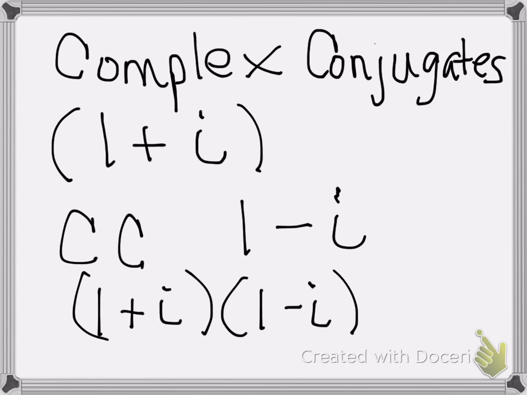Don't we square the first, square the second, put a minus in between? So that's 1 minus i squared. You know to replace your i squared with a negative 1. So isn't that 1 plus 1, which is just 2. So that gets rid of the i's, and that's a good technique to have if you're needing to get rid of the i's, and I'll show you when you need to do that in a minute.